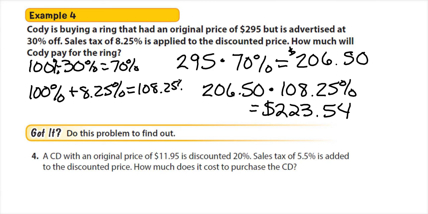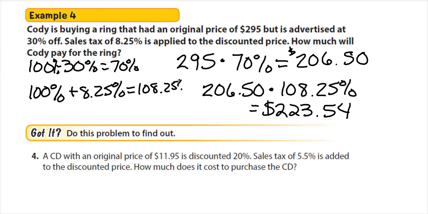There we go. Okay, so let's go through the whole thought process again. First, we have to figure out how much he's actually paying because it was 30% off. So because it's 30% off, he's only paying 70% of the actual cost. That's where the first step came in. $295 times 70% gave us our $206.50. Now we have to actually go to the register and check out. When we check out, we have to add on sales tax because sales tax is added onto almost everything.